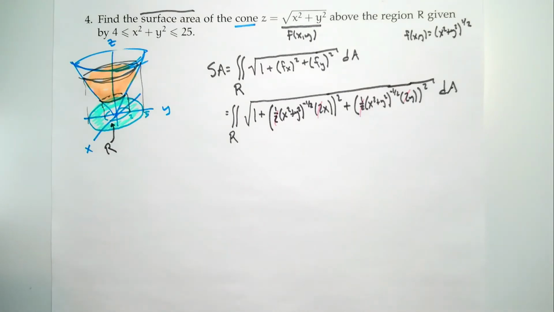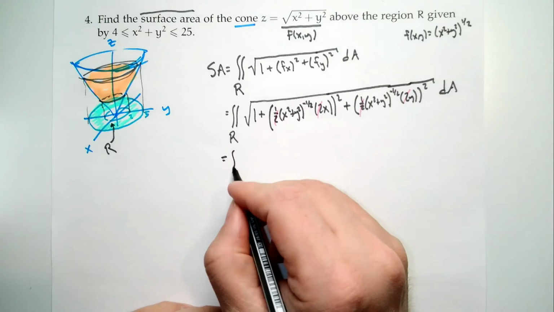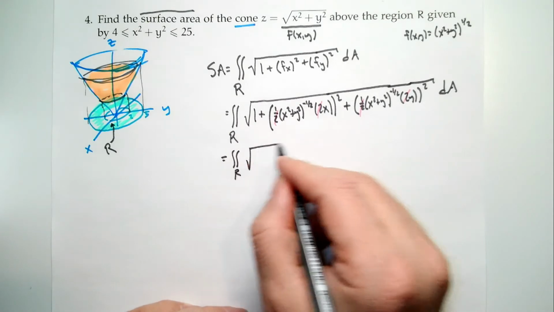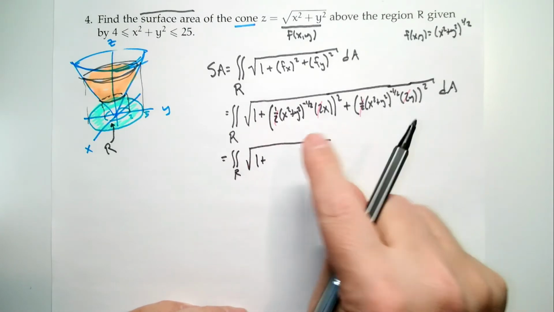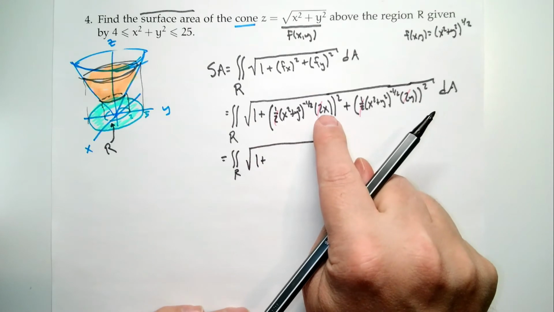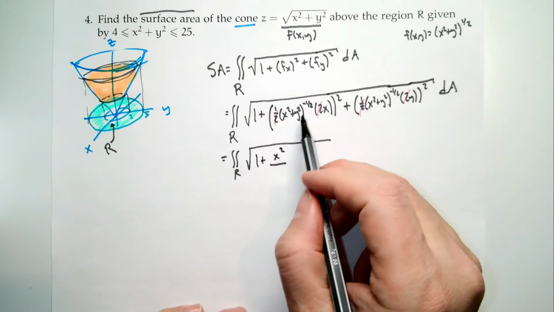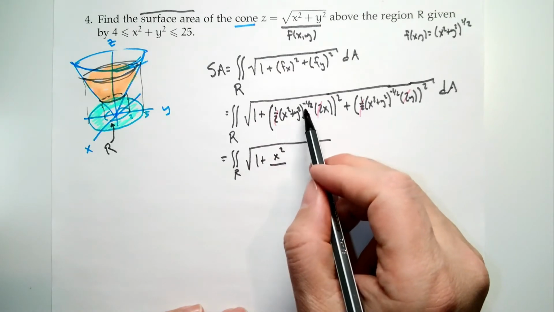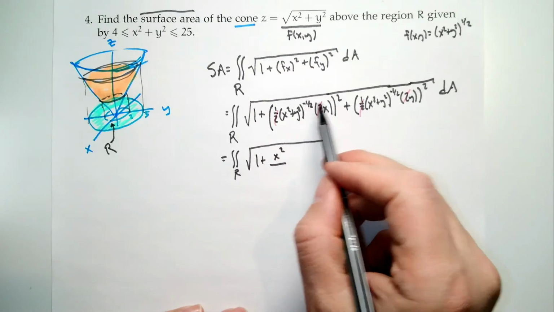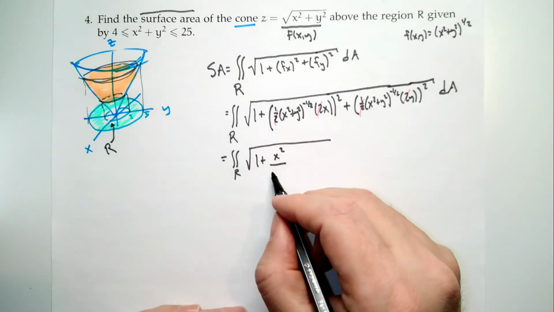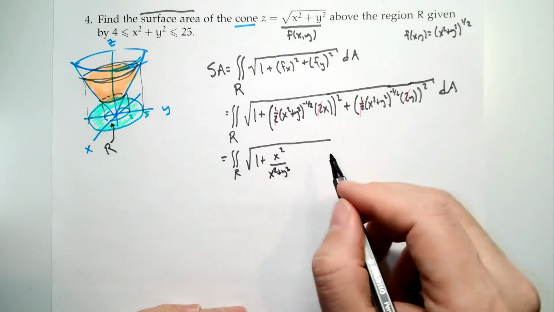In fact, there's even more progress than that. Because what do we have? Well, we have the square root of 1 plus. Now here, I can think of this x as being the numerator. That's x squared. And then this, because of the negative exponent, is downstairs. Negative 1/2 times 2 is negative 1. So it's x squared plus y squared.